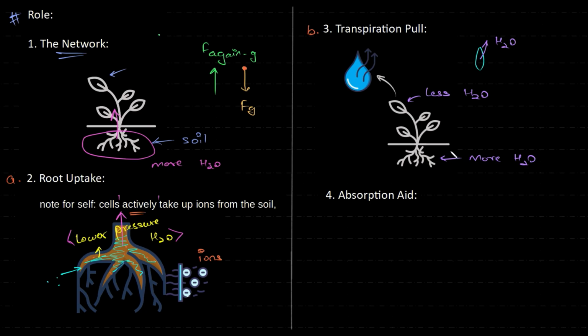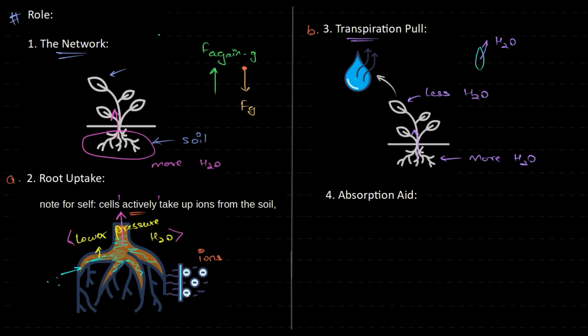And what happens? Again, the same thing. Water moves from the region of more to the region of less. And this is the second way of movement of water, which dissolves minerals and carries everything up. This is because of transpiration, that is, the escape of water from your leaves is known as transpiration, and that's why the name is transpiration pull.